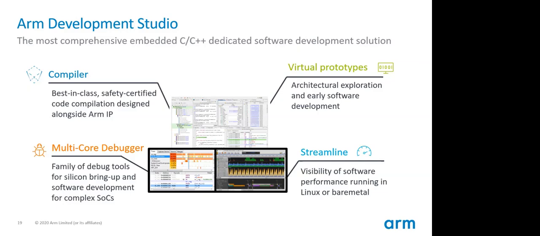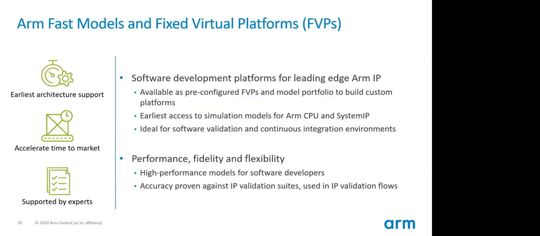But to talk about the virtual prototypes, these are built on the Arm fast models technology, and that probably tells you everything you need to know about what the technology is. They are models of Arm IP, the Arm CPUs for the most part, and they execute very quickly, typically in the hundreds of megahertz range.